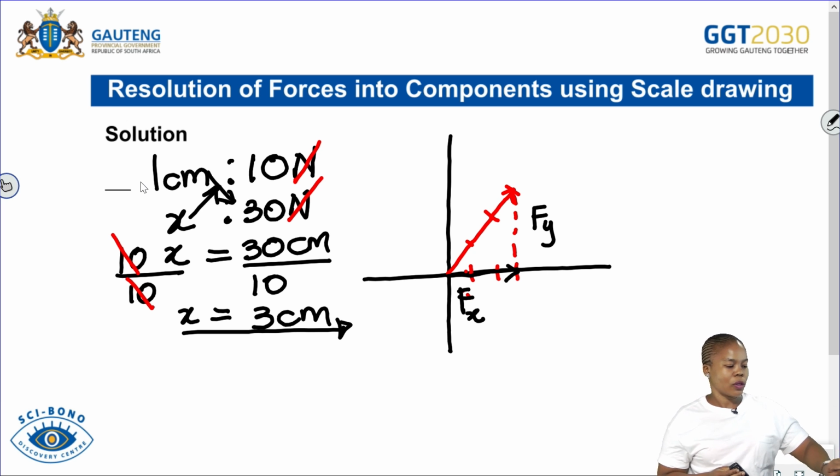So that is how easy it is to find the horizontal and the vertical component using scale drawing. Everything needs to be drawn to scale, so that whatever vector you're trying to find out can be found in scale as well.